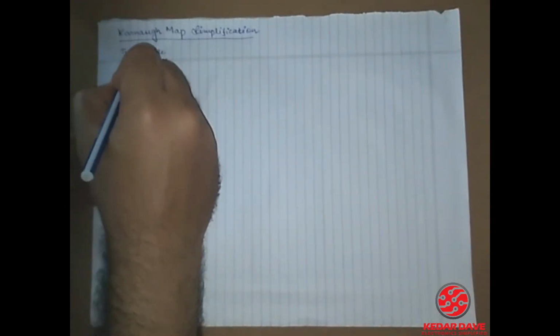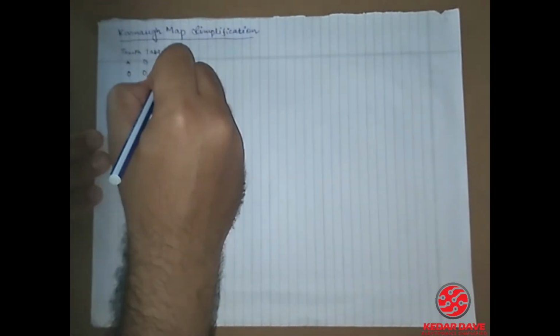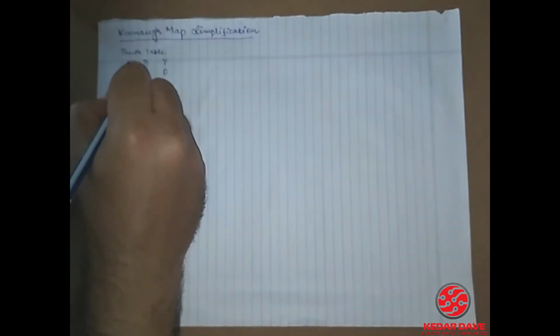So in this, we have 0 0 input, the output is 0. We have 0 1 input and the output will be 0, and 1 0 and the output will be 0, and 1 1 and the output will be 1. So basically we can see this truth table is nothing but a truth table of OR gate, right?